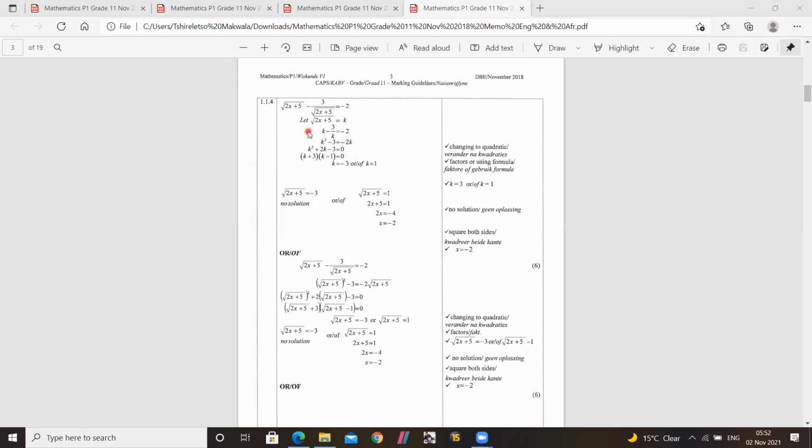So with square roots, what do you do? The first thing is to check if you can isolate the square root, meaning making it one term so that you can square it. If you cannot isolate it, then most probably that question falls under a let type of question. Now, not all let questions are square root types.